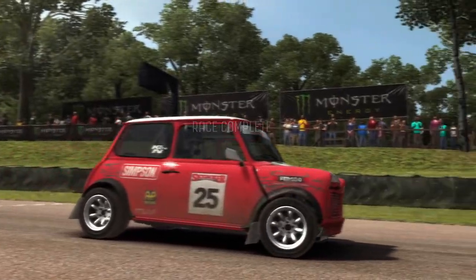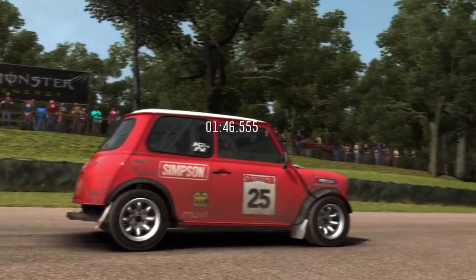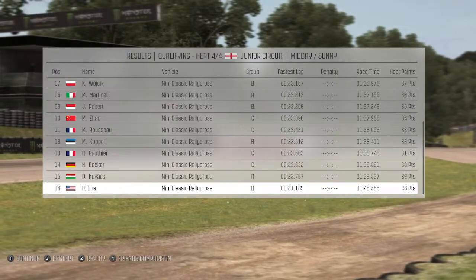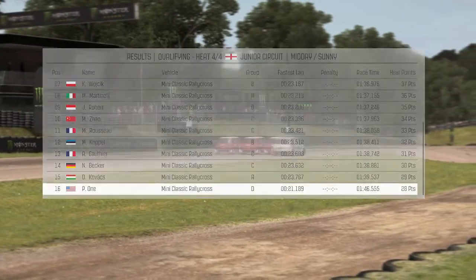The last lap, too, jeez. 146, I'm under 2 minutes. Improvement. Almost a respectable time.